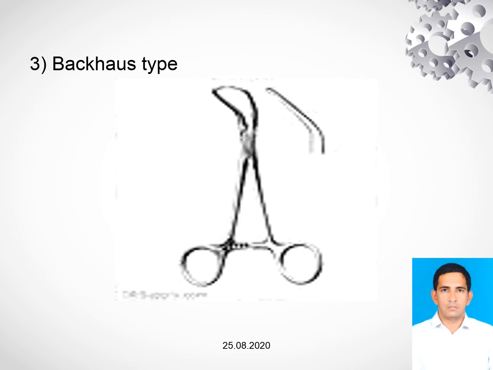The reusable Backhouse towel clips need larger amounts of space and energy to be sterilized every time after use, whereas the disposable clips generate a larger amount of waste. However, in terms of how each works, both instruments are great.